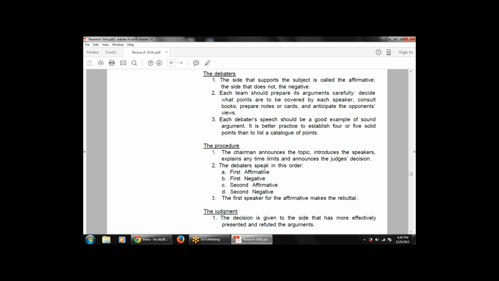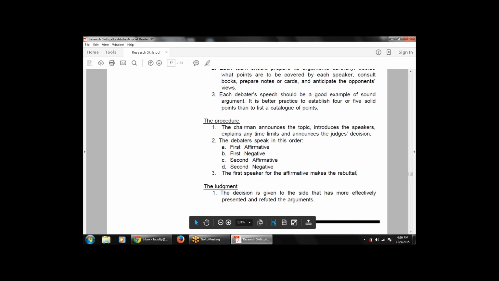The debaters speak in this order: the first affirmative, who is in favor, then the first negative, then the second affirmative, then the second negative. So this is the order in which the debaters speak. The first speaker for the affirmative makes the rebuttal. The next is the judgment.